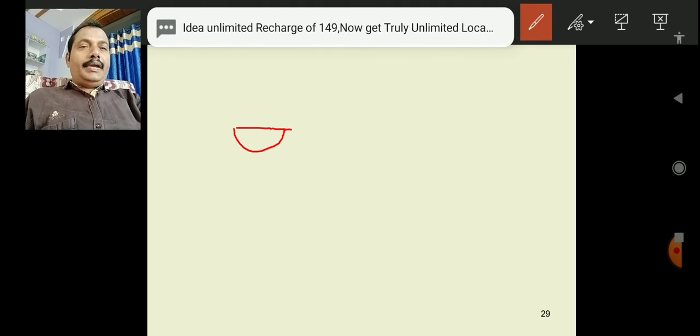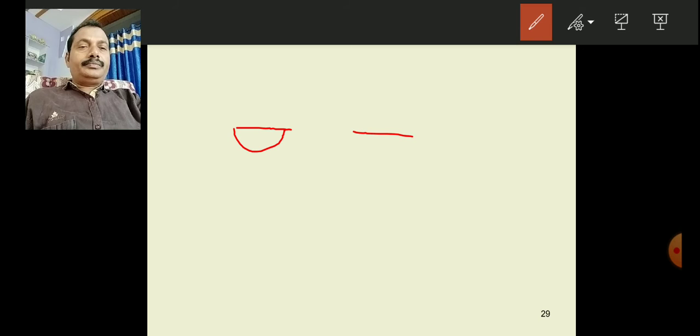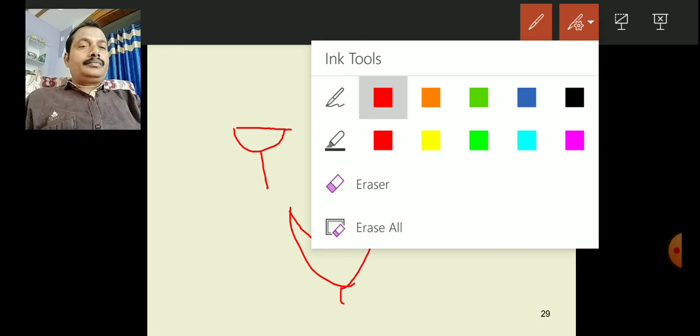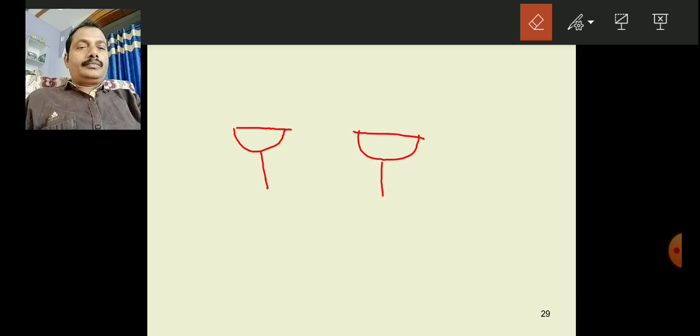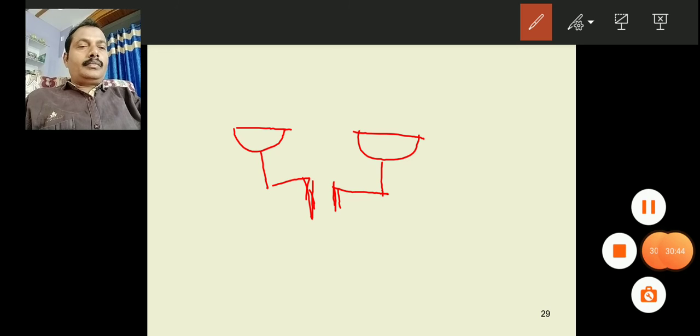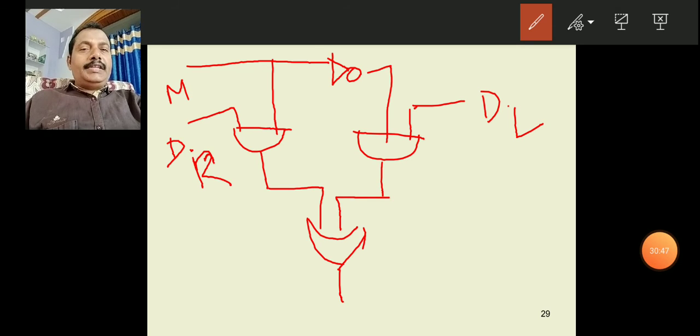Two AND gates, and the two AND gate outputs are connected to one OR gate. This is the gate circuitry.